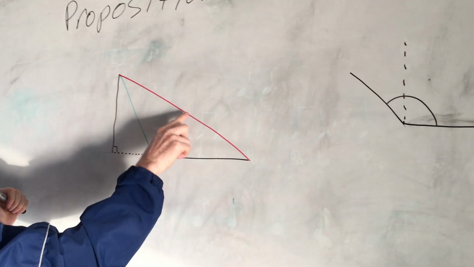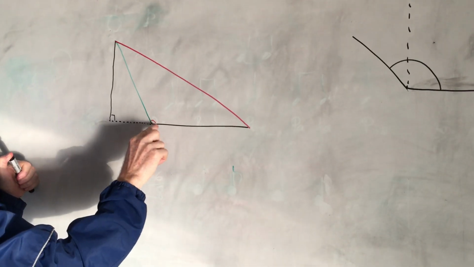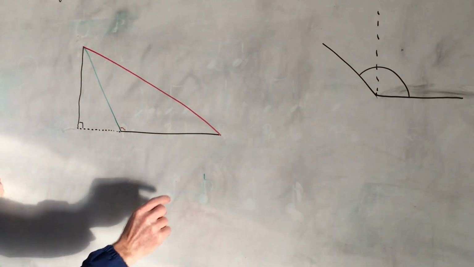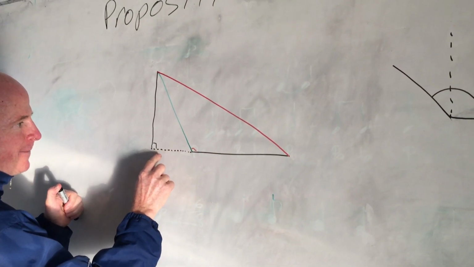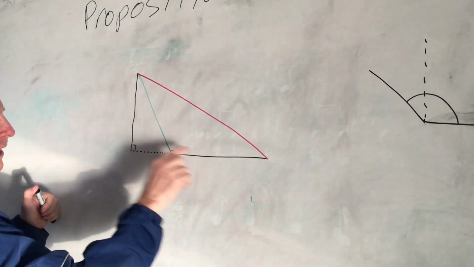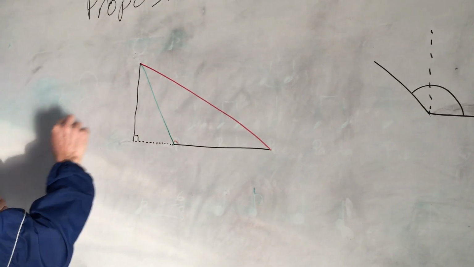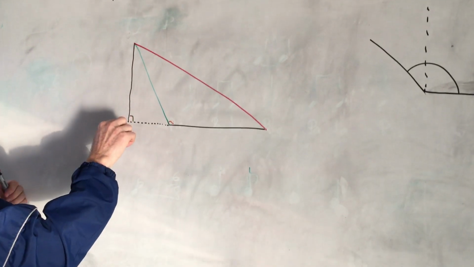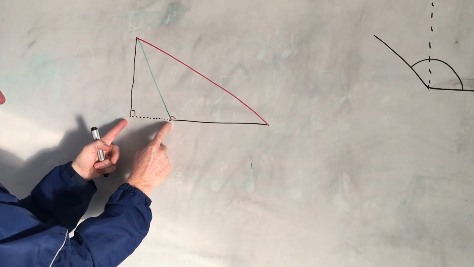What we're going to prove now is that the square on this line is greater than the square on this line plus the square on this line by twice the rectangle contained by this line and this line. You pick one of the sides, extend it, and from the point on the other side drop the perpendicular, and that gives you the line that makes up the other part of the rectangle.